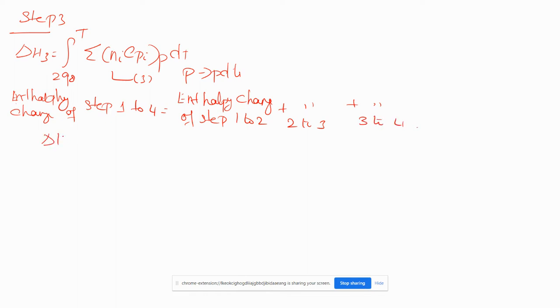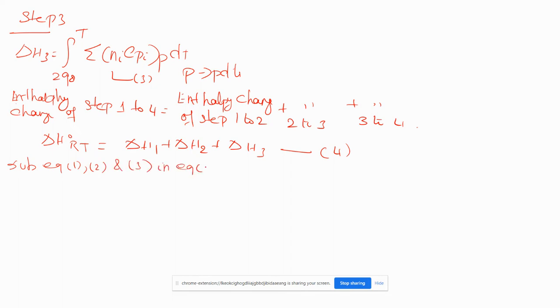So we can write del H0 RT is equal to del H1 plus del H2 plus del H3. This is equation 4. Now substitute equations 1, 2 and 3 in equation 4.